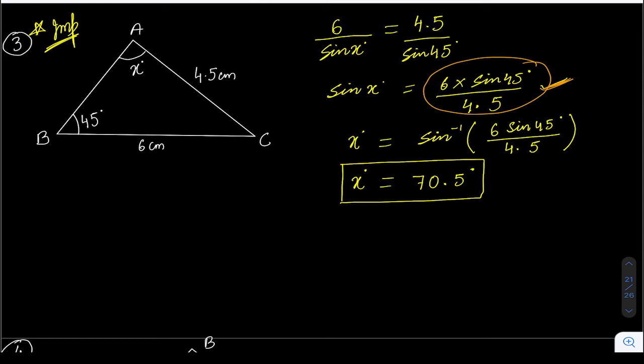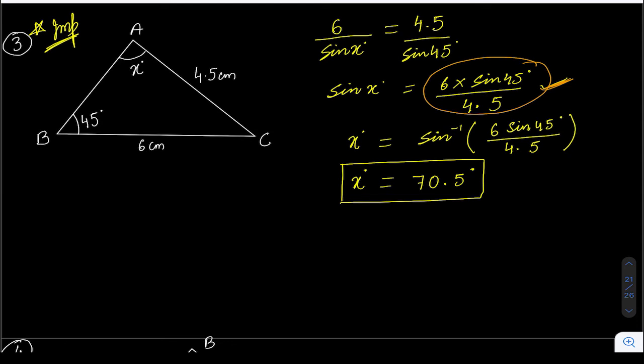One of the angles we can find from the calculator, which is coming out to be 70.5. There might be some other x values which will give us sine x equal to 6 times sine 45 degrees over 4.5. So that's the catch here. There might be multiple answers.